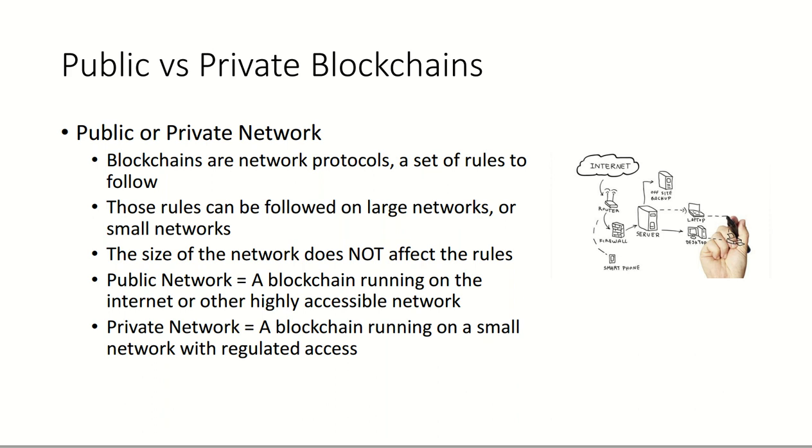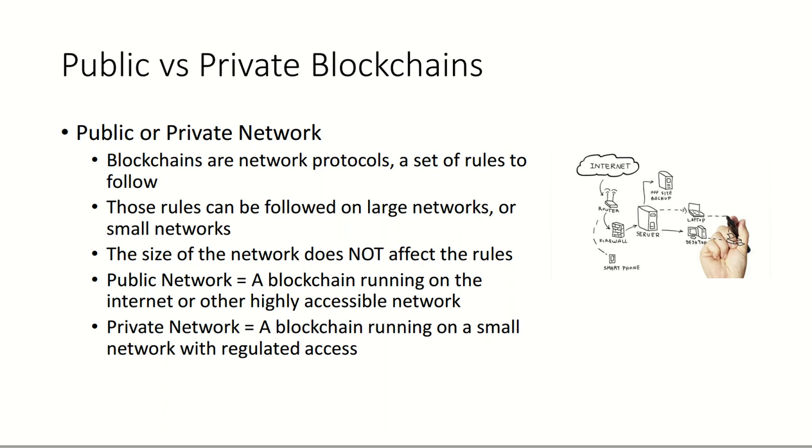And this is where things can get really confusing, because when we talk about networks, we talk about public and private networks. Public networks like the internet are ones that everyone can get to, or very large audiences can get to. Private networks might be things like your corporate network behind your firewall.